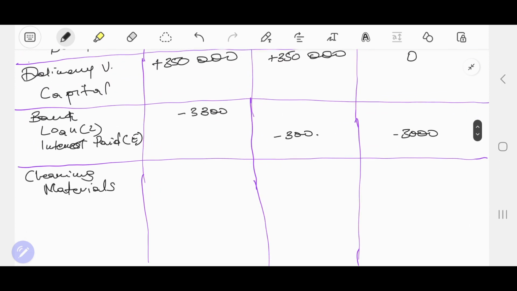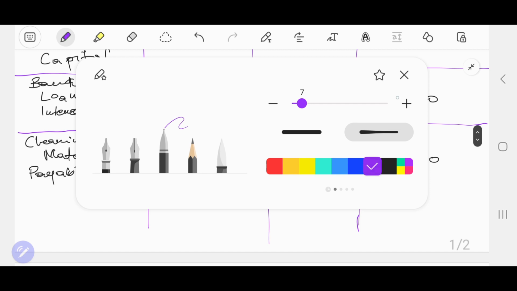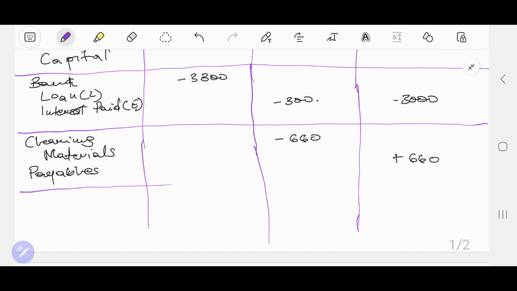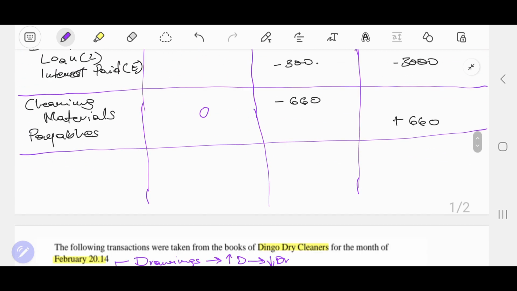So the expense is going to reduce equity by 660, and then the payables are going to increase our liabilities by 660. And the last one, so here, remember, don't forget to put your 0, because nothing affects assets.